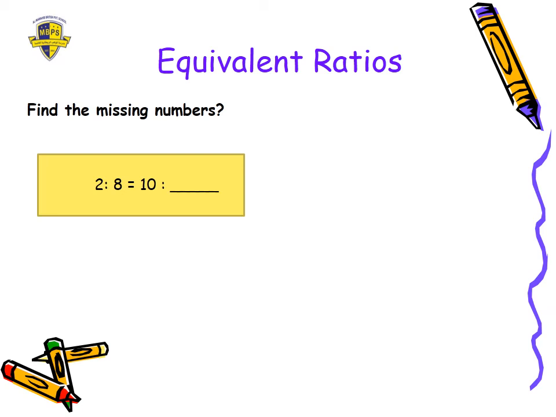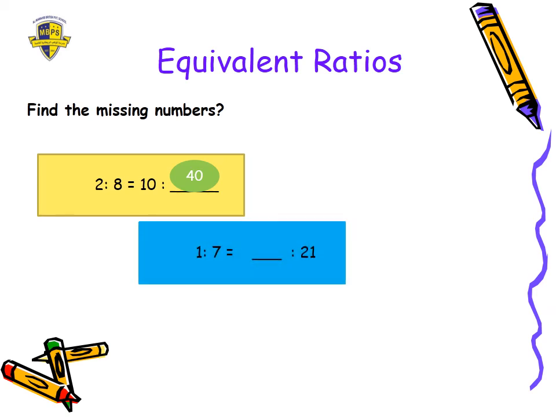Multiply by 5. Excellent. So here they multiply 2 to 8 by 5 to get an equivalent ratio. So we also have to multiply 8 by 5, and this gives us 40. So 2 to 8 is equivalent to 10 to 40.